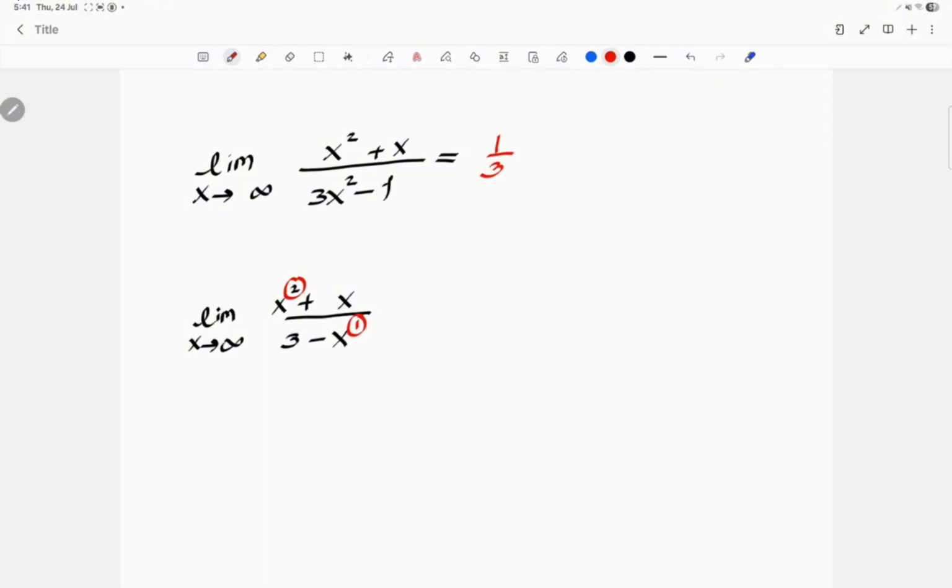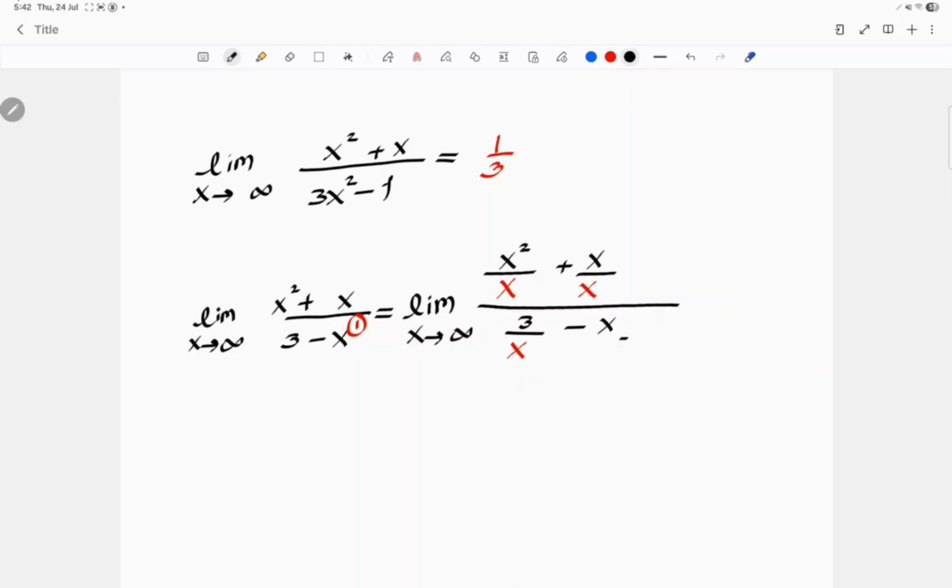The powers don't agree. Divide everything by the highest power of x in the bottom, which means divide everything by x. So limit approaching infinity, x squared over x, x over x, 3 over x, minus x over x.